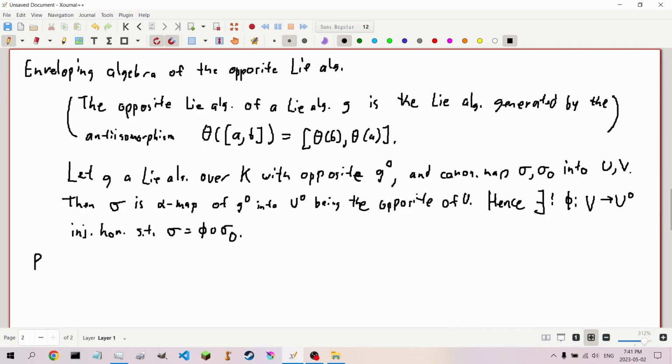And the proposition is what you'd expect, that sigma is an isomorphism.